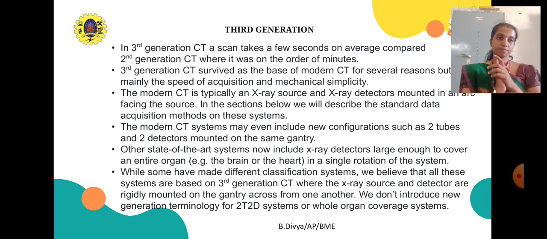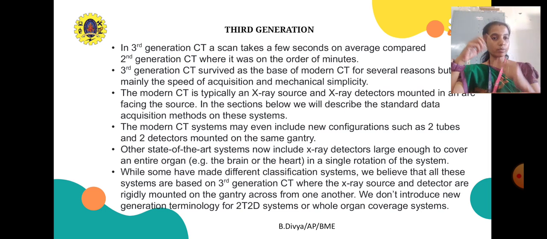While some have made different classification systems, we believe that all these systems are based on third generation CT, where the X-ray source and the detectors are rigidly mounted on the gantry across from one another. If the X-ray source is present on the top, the detector will be present at the bottom, opposite to one another.